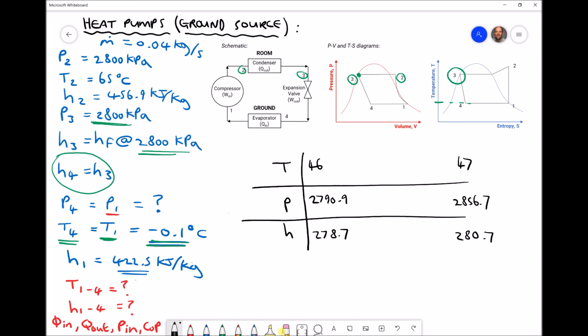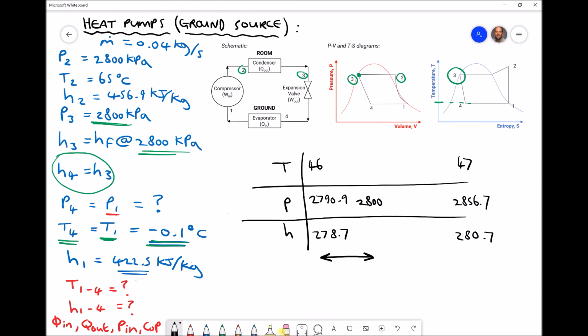Okay, so we've transferred those values across from the thermodynamics tables, and the parameter that we know at position 3 is the pressure, which is 2800. This time I'm going to write the 2800 closer to the left-hand side because 2800 is closer to 2791 than it is to 2856. So this time we're trying to find the fraction, this distance here, which we know is going to be less than a half. The way that we determine that fraction is using our pressures and our distances.